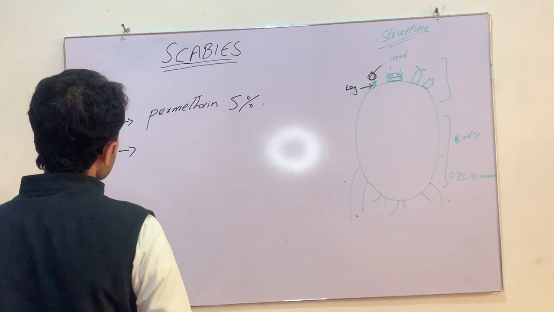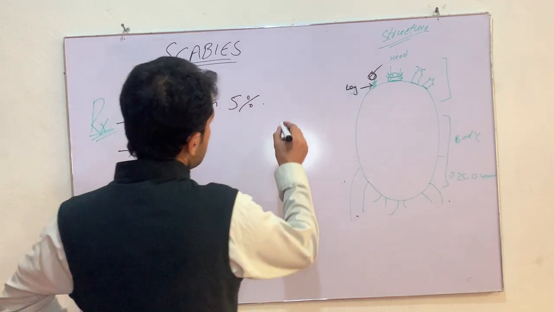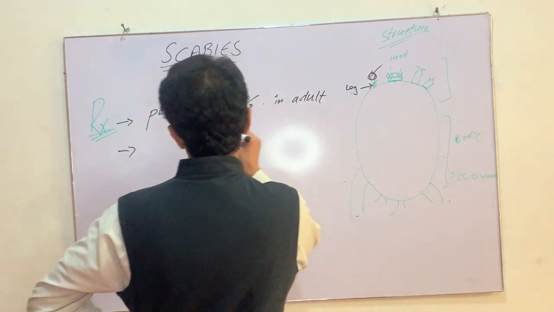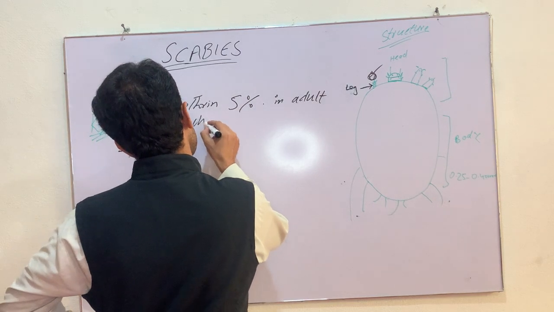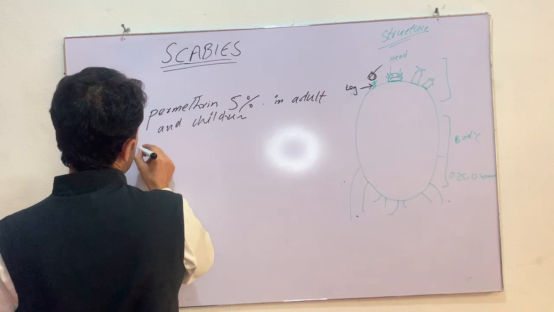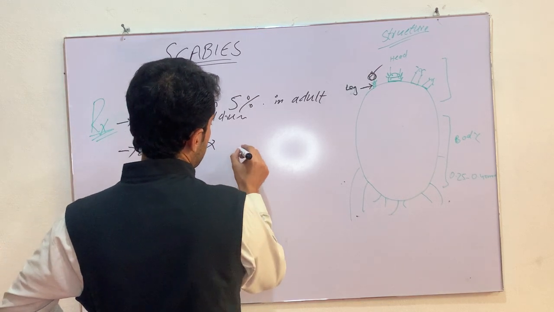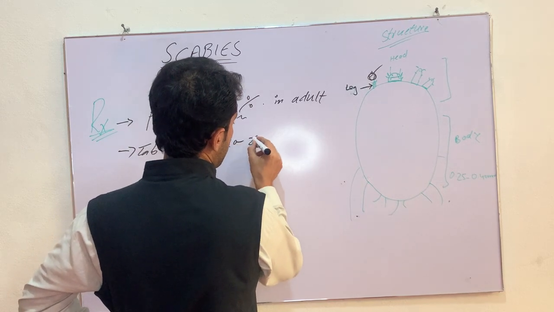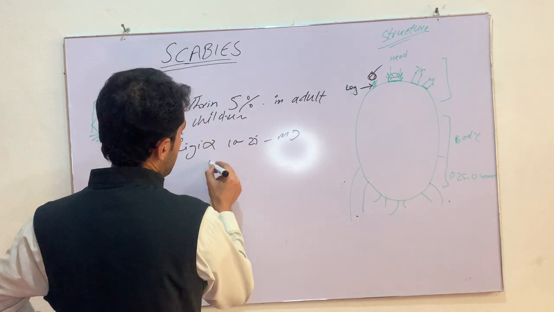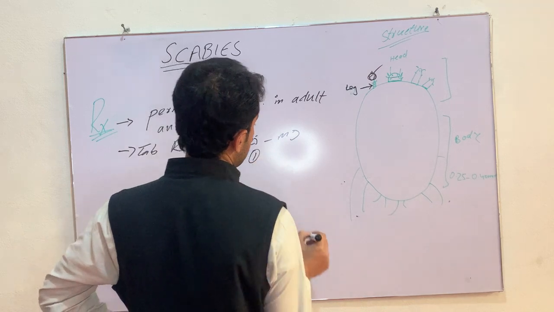Permethrin 5% is the best for adults and children. Otherwise, we use tablet Rigix 10 to 25 mg. Use it at night because it is sedative.